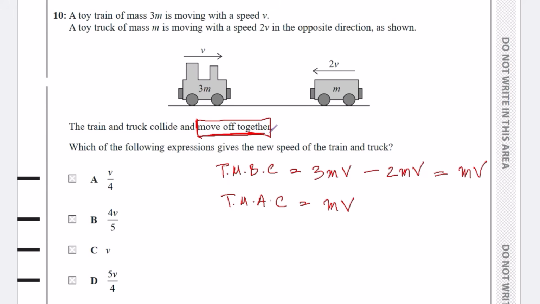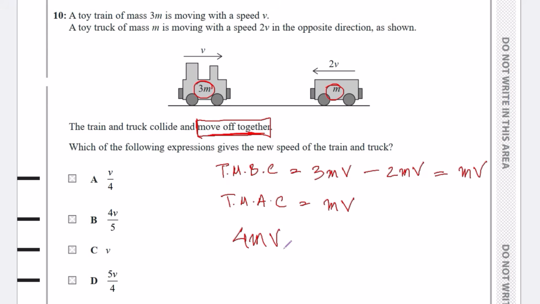When something moves off together, what you have to do is add up their masses, right? So when you add up the masses, thrice m plus m, since they're moving off together, is 4m.